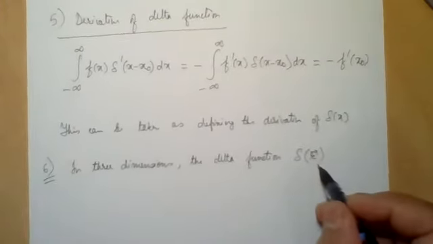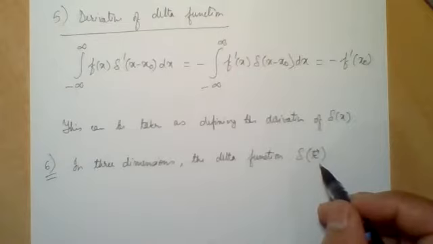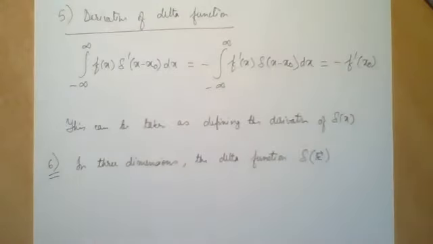This is the r vector in 3 dimensions. So in Cartesian coordinates, it has components x i cap plus y j cap plus z k cap. So in 3 dimensions, it has the components x, y, and z in Cartesian coordinates.